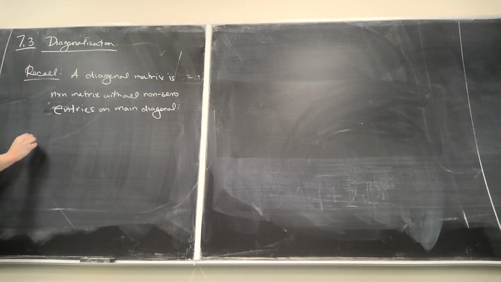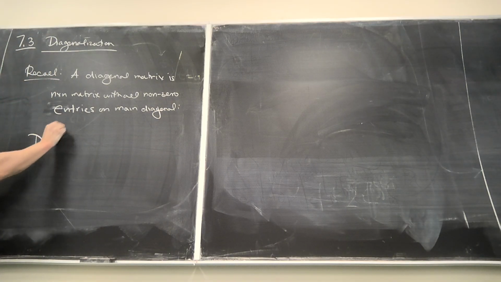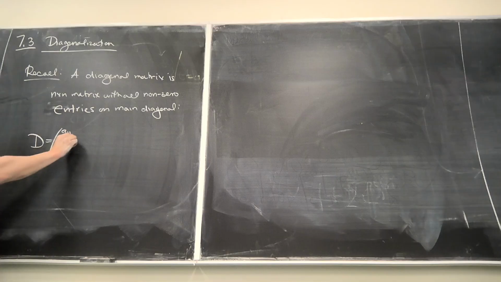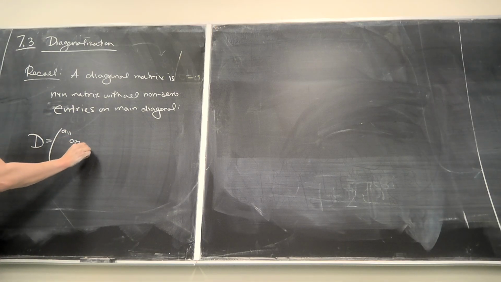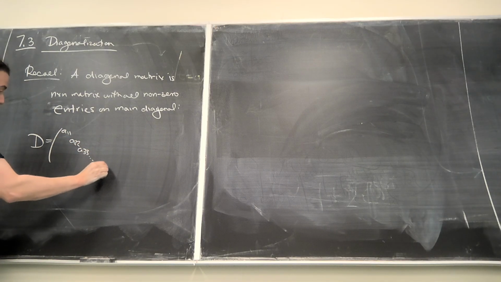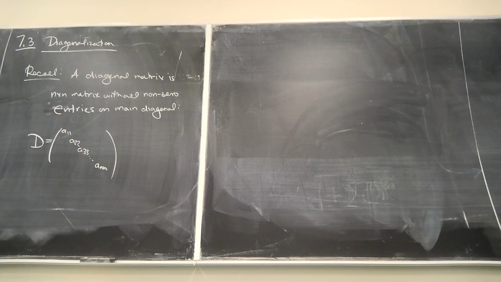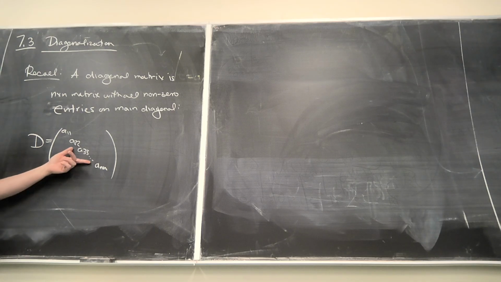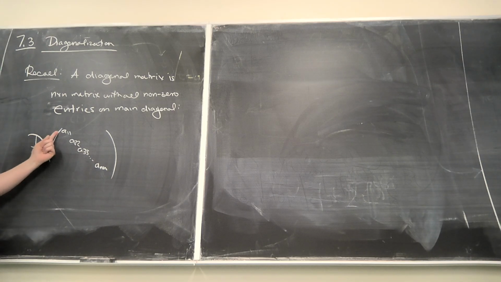It's a matrix D that looks like a11, a22, a33, down to ann, and every other entry must be 0. These diagonal entries could be 0, but if anything is non-zero, it has to be on this main diagonal, and every other entry is 0.